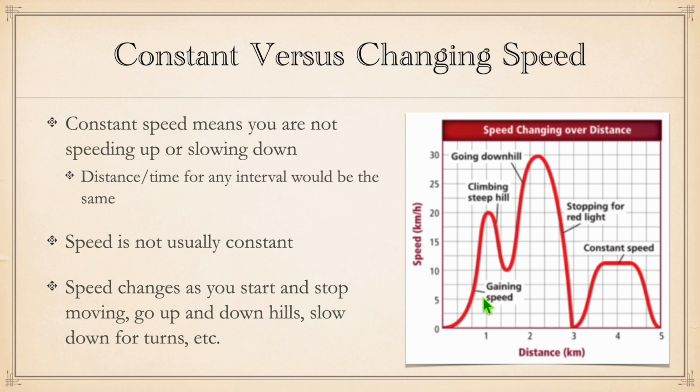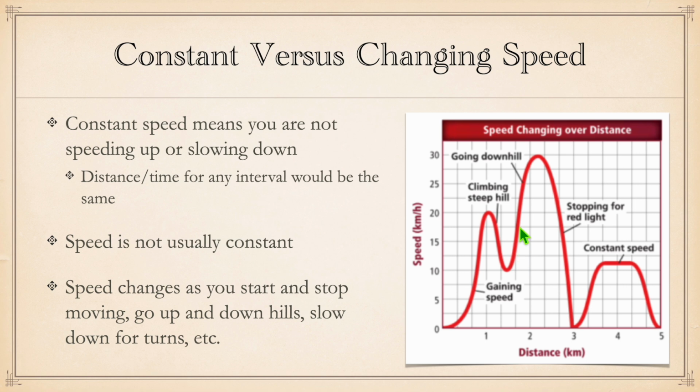For example, here we have distance in kilometers that someone has driven and their speed in kilometers per hour. You start off not moving at all, you speed up, so you're gaining speed here. Then you may have to climb a hill, which means you're slowing down, which is counterintuitive because this is going downhill, but it's going down because you are slowing down to go up the hill.